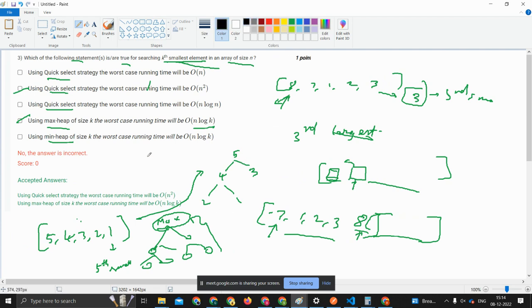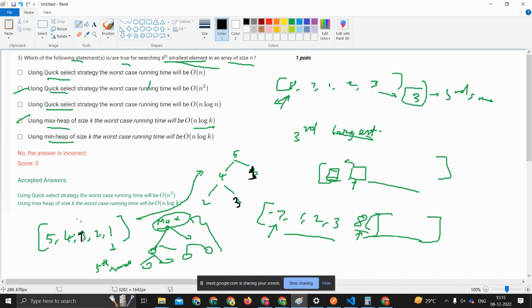If I ask what the fifth smallest element in this heap is, how will you find out? You travel to the bottom, left and right, and find it. The height is log n, so I think that's why the answer is n log k.